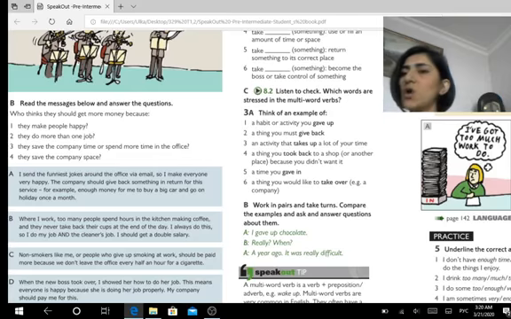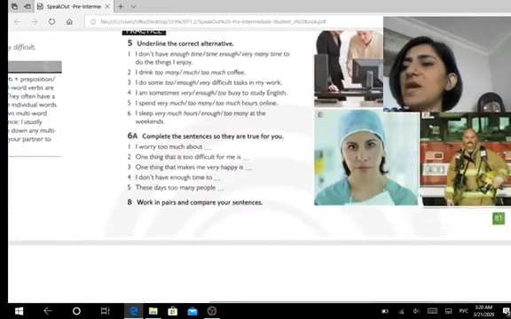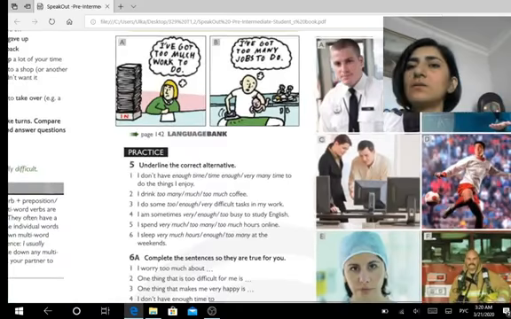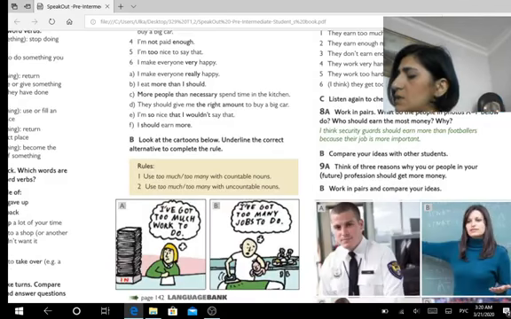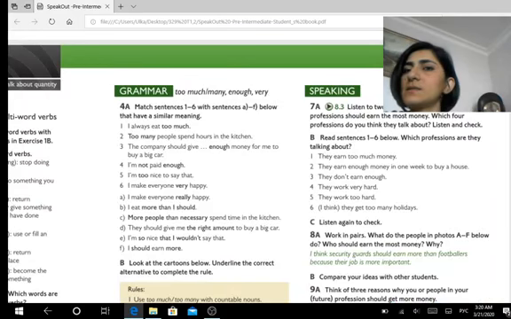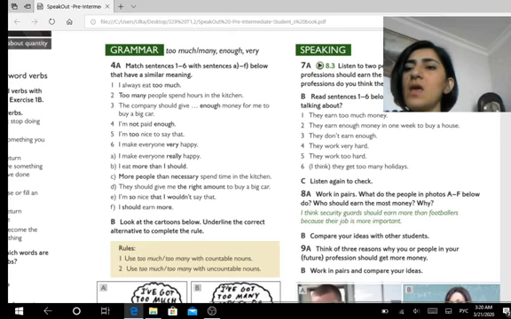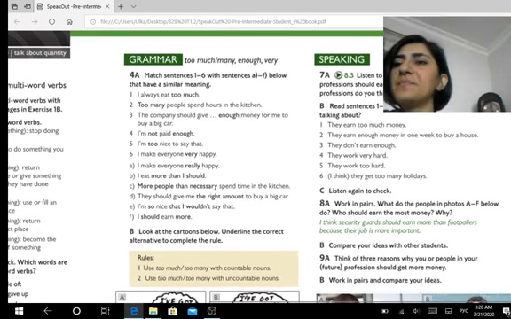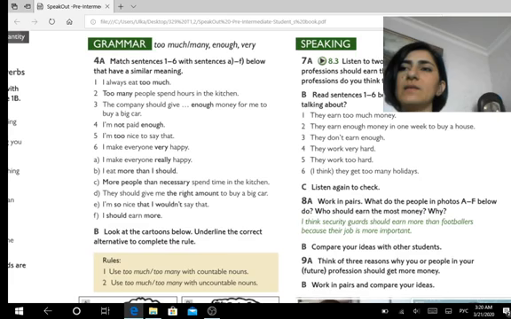Next, we go to page 81. It's 7A and B. Here again you have a listening part, 8.3. You will listen to two people talking about professions, and they talked about four professions.